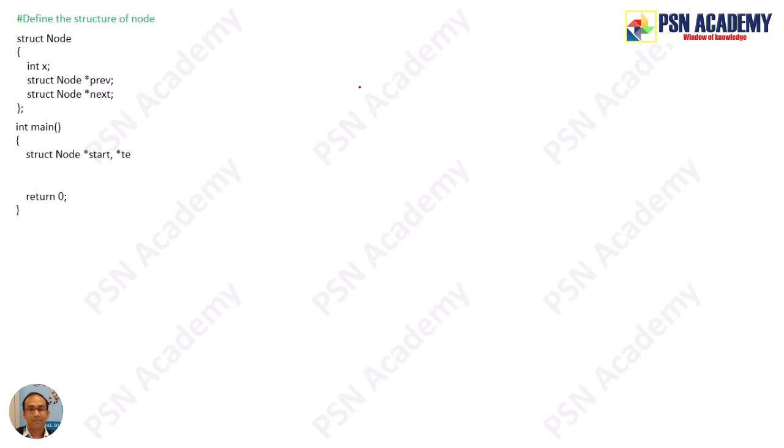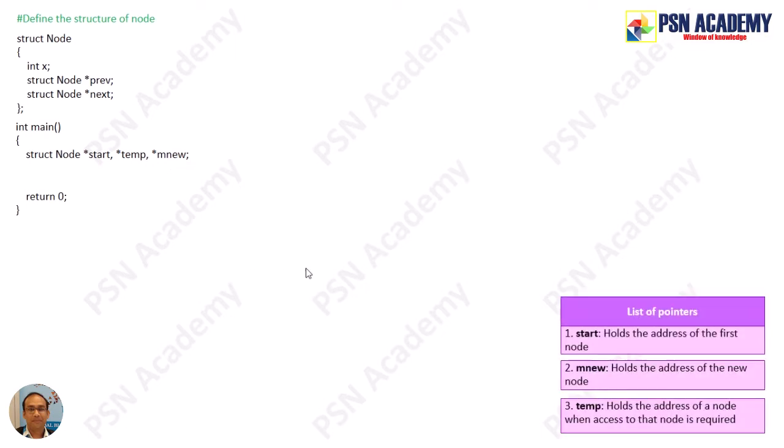Now we define three pointers, that is start, temp, and mnew. Now this is just a brush up to your memory. The start pointer holds the address of the first node. The mnew pointer holds the address of the new node to be created and inserted.